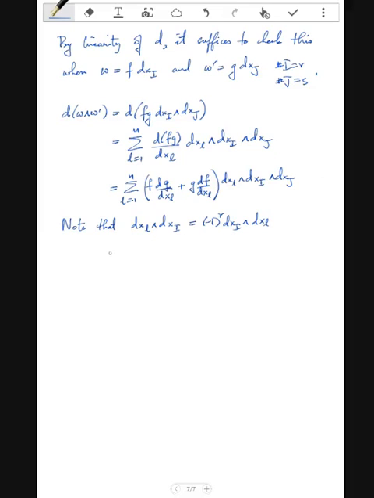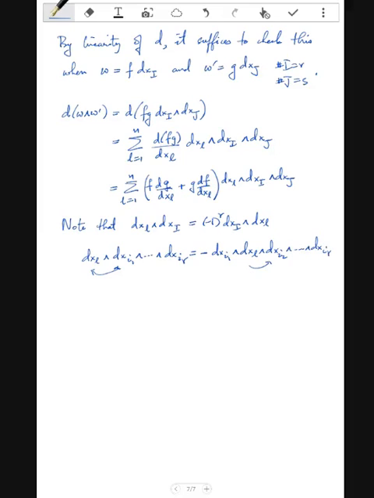So dx_I, let's write this out, this is dx_i1 wedge up to dx_ir, which is equal to, when I switch these two, I get minus dx_i1 wedge dx_l wedge dx_i2 wedge so on dx_ir.